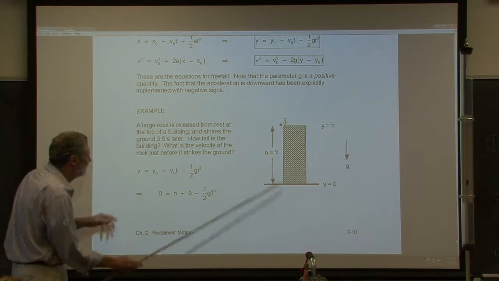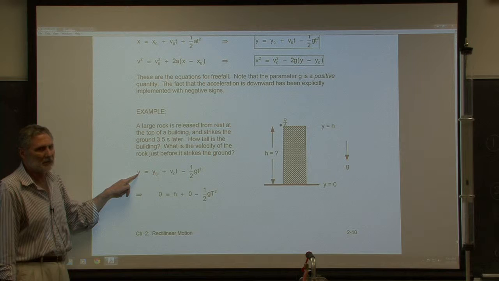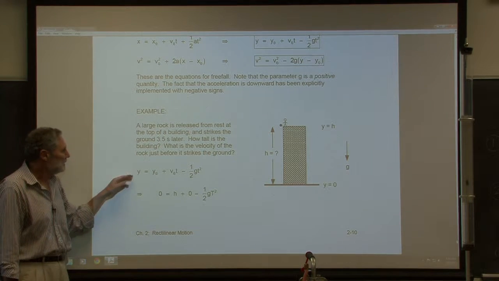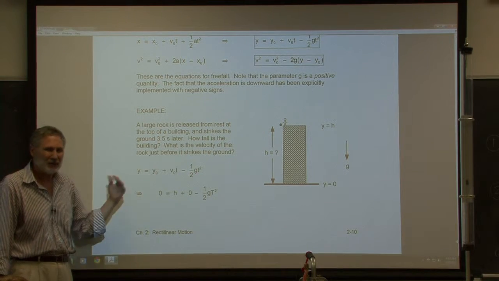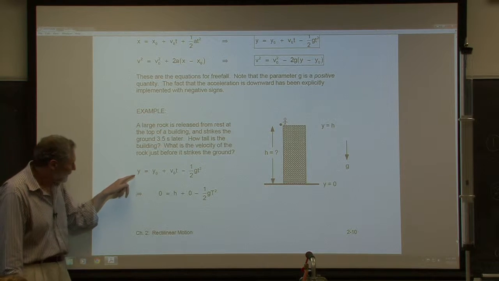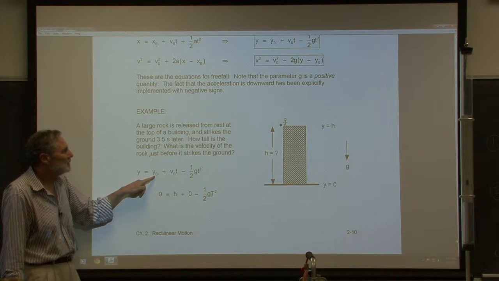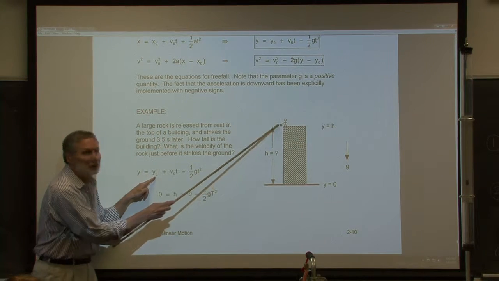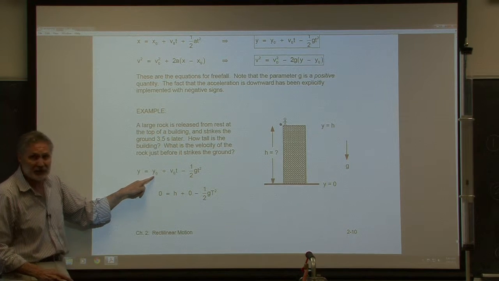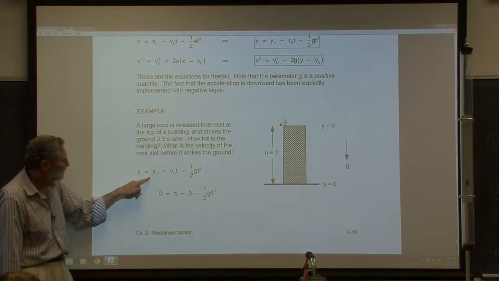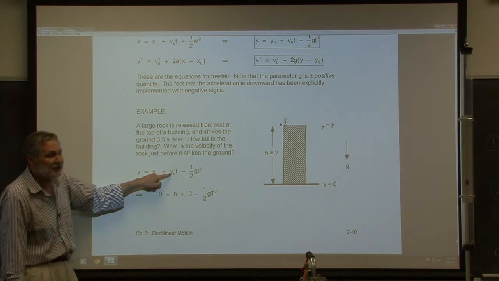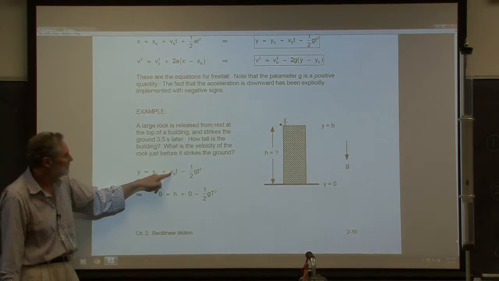Okay? What's our final y? 0. In the beginning, you want to do it the way I'm telling you. After a while, you won't think about it anymore. But you want to carefully go through here. What's y naught? Well, that's what we're calling h here. That's the initial y value. So we're going to replace y naught with h. What's v0? 0.